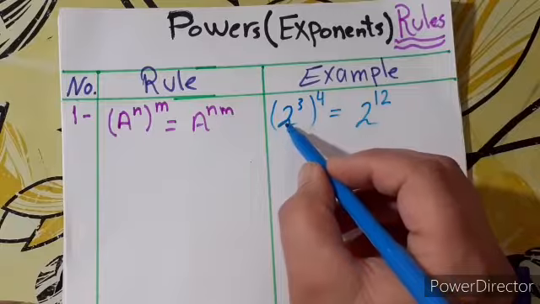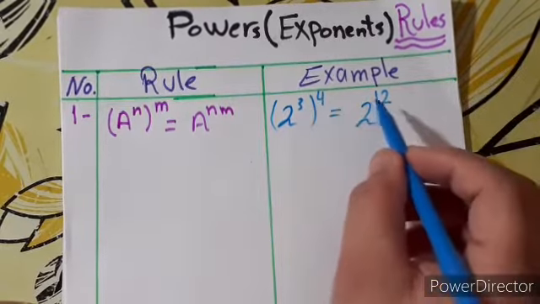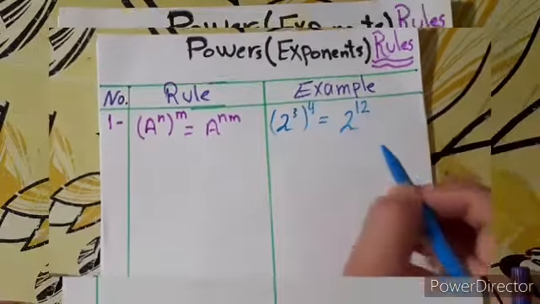We have now base 2 and the two powers 3 and 4. We must multiply the two powers. Number 2.